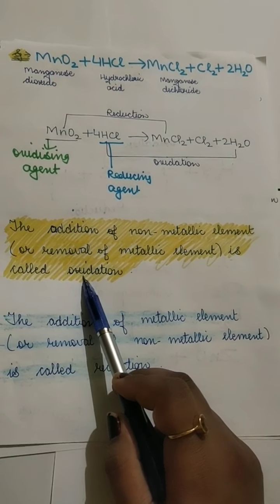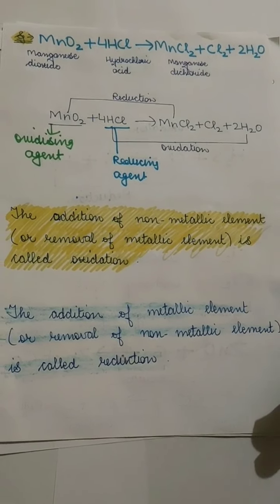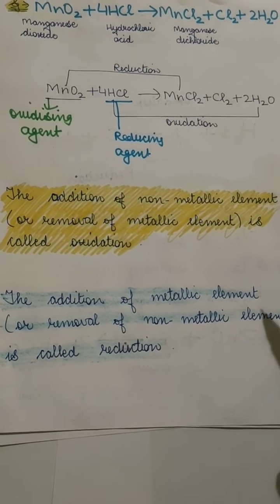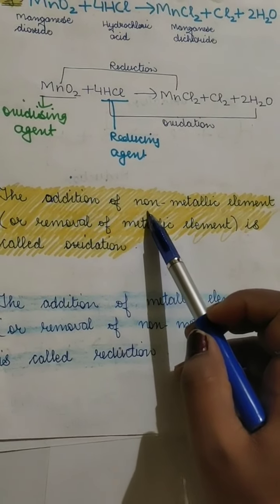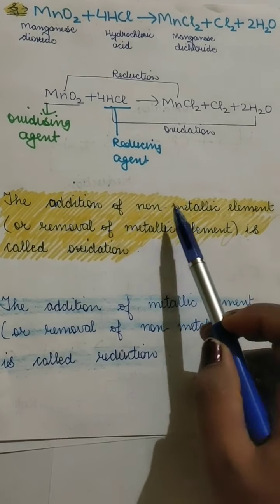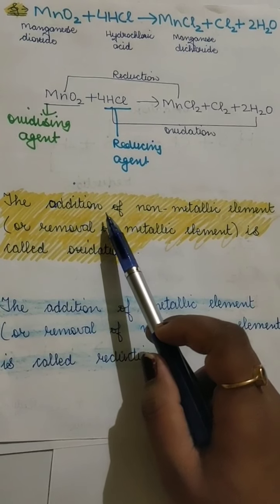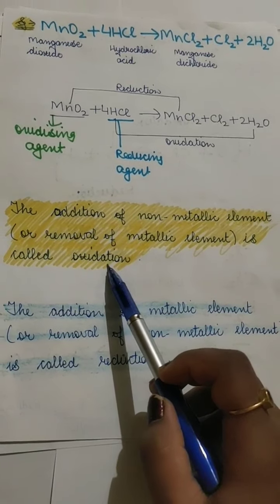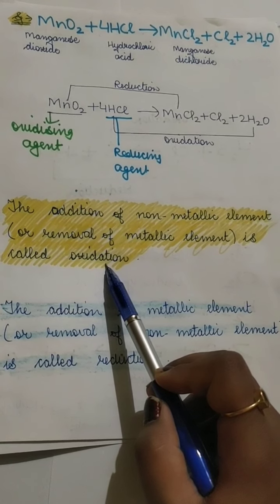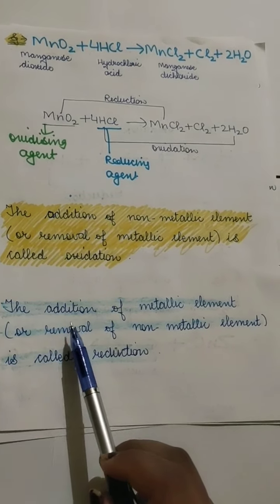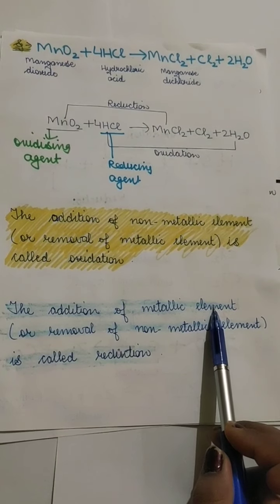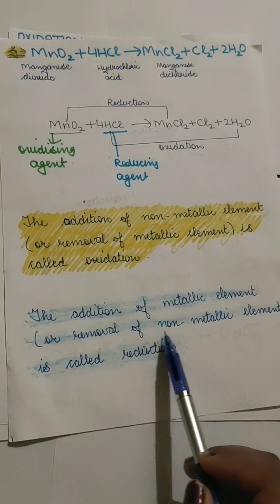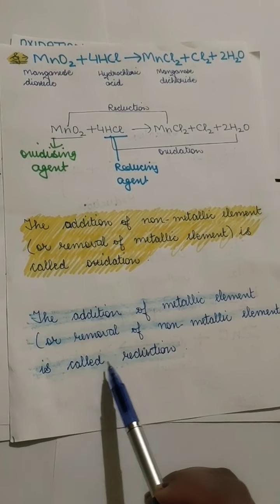So in a reaction when there is no hydrogen or oxygen present, and we just have to look over the reaction and tell about oxidation or reduction, we'll check whether there are metals or non-metals. If non-metals are adding into a reaction, that will be called oxidation, or if metals are being removed from the reaction, that will be called oxidation. In the other case, if metallic elements are added or if non-metallic elements are removed, then it is called reduction.